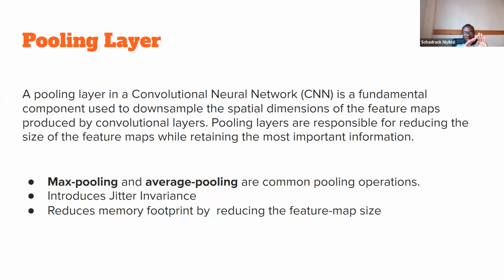So we check the best candidate features, then pull them together so that you can even reduce the computation cost because you're reducing the size of the image. So the pooling layers are responsible for reducing the size of the feature maps while retaining the most important information from the input. For the pooling layer, we have max pooling and also average pooling. That's what we have here.